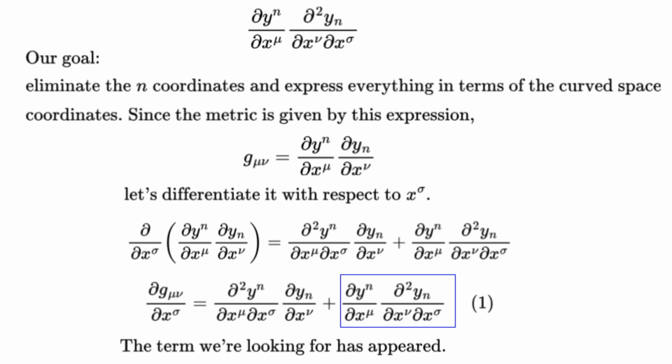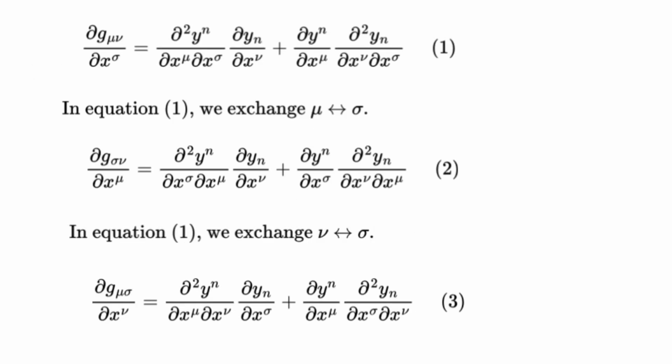Since the metric is given by this expression, let's differentiate it with respect to x^sigma. The term we're looking for has appeared. In equation 1, we exchange mu and sigma.